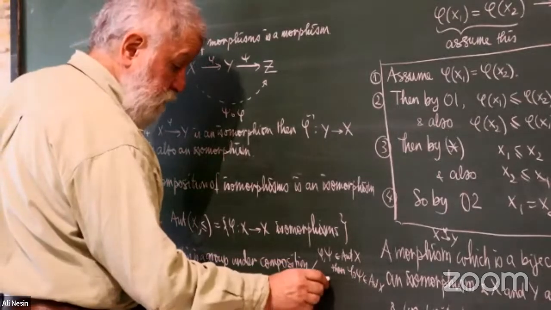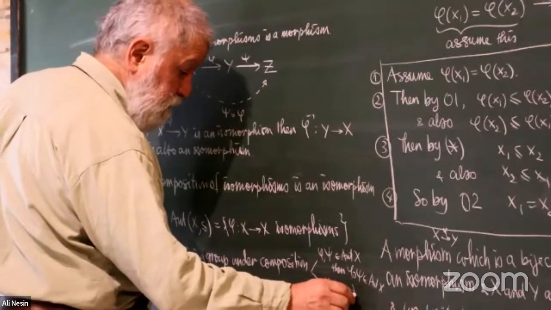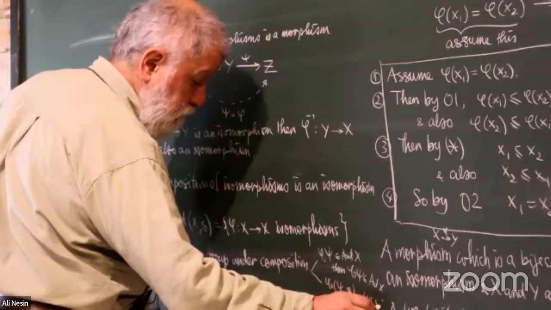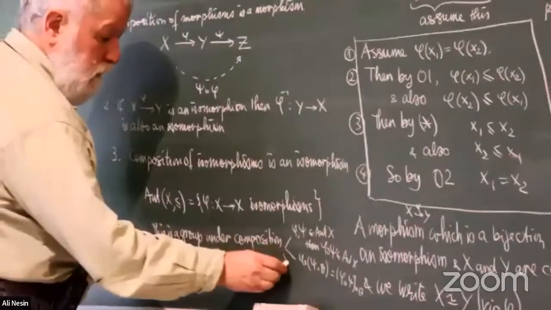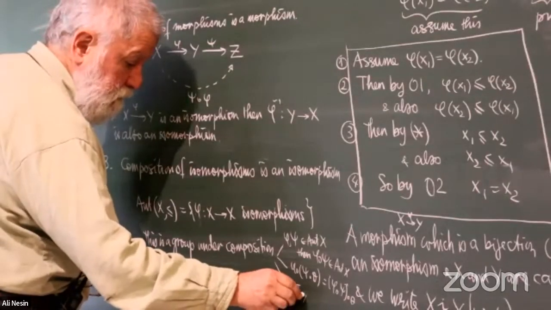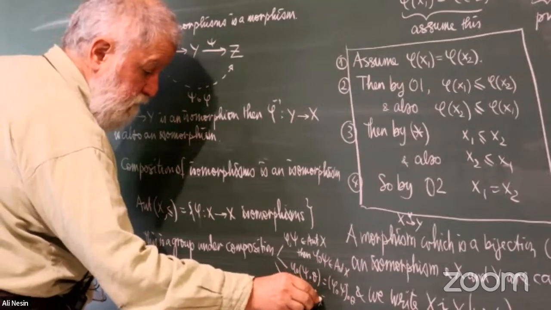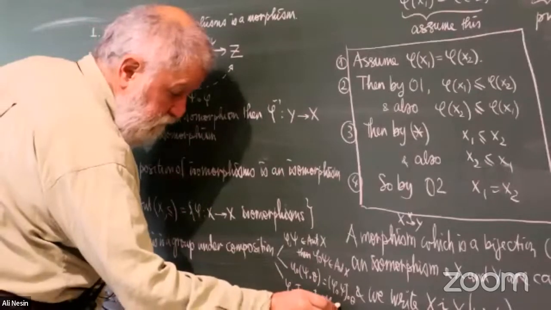And phi composed with psi composed with theta, say, is equal to phi composed with psi composed with theta, of course. And phi composed with identity on x is equal to identity on x composed with phi, which is equal to phi.